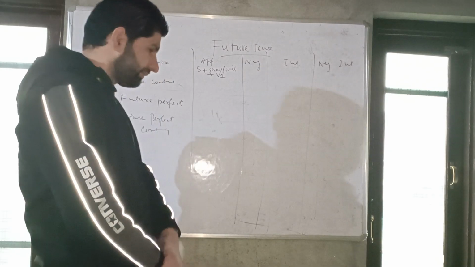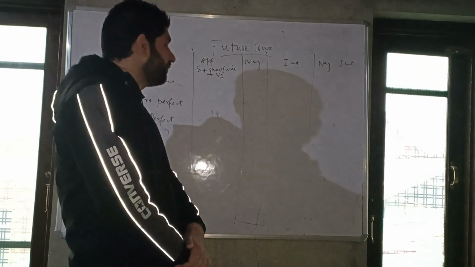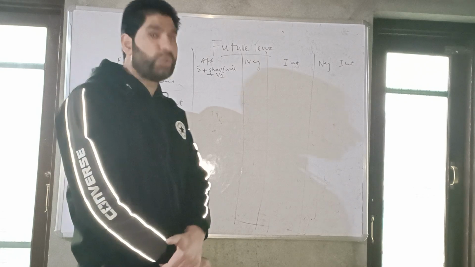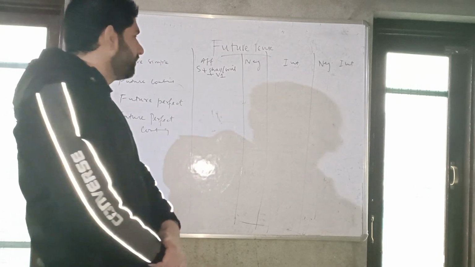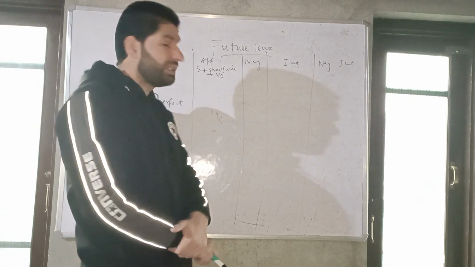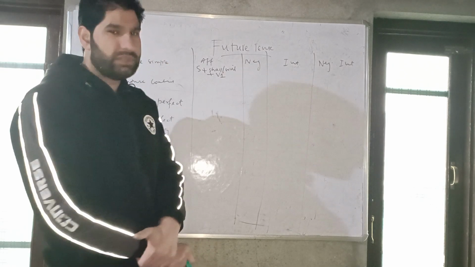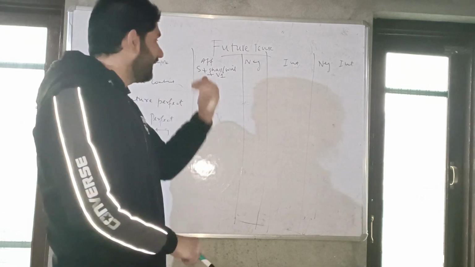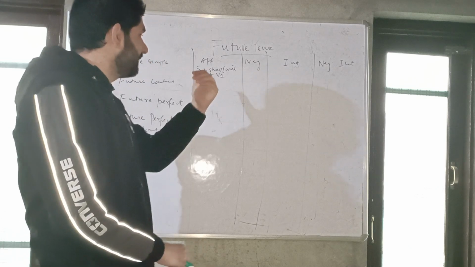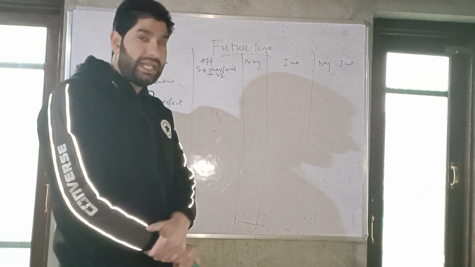One is predictions, and second is something happening in the future about which we are not sure. For example, whenever the date sheet is published for the students, we say that the examination shall commence from 15th of, say, January. We use shall there because it's not a prediction, it is a plan. But there we are not sure. It may get delayed, it may get postponed. So we use shall at such places.